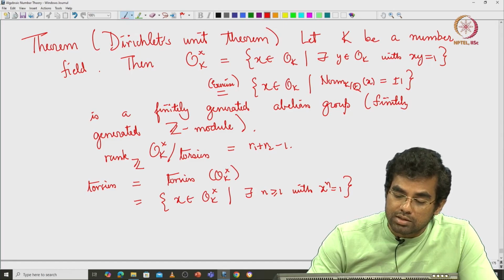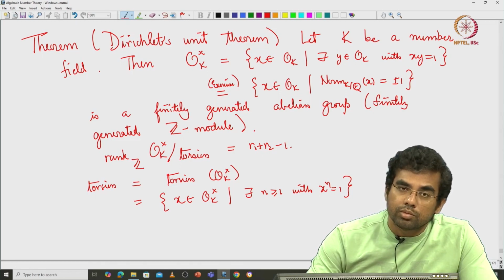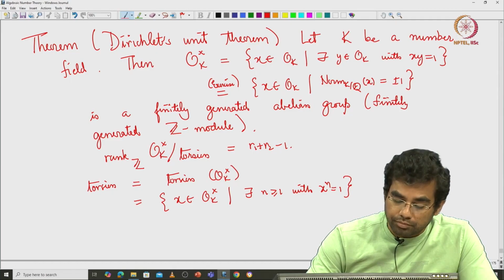This part is not strictly necessary, but if you study more advanced topics in algebraic number theory, then you will see these kinds of things in a more basic setup.